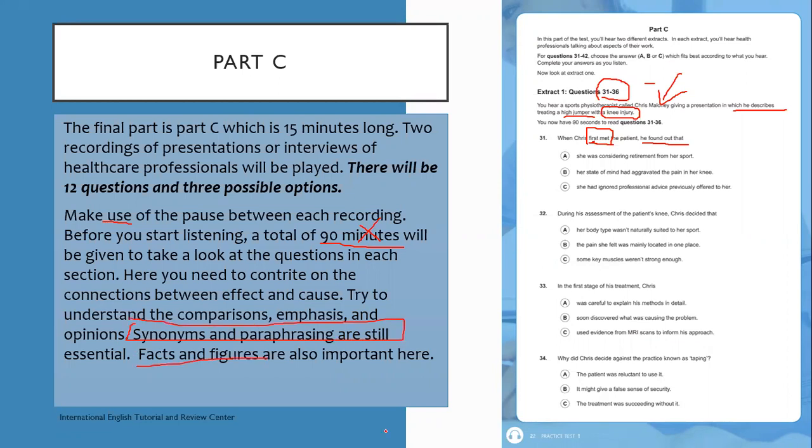Facts and figures, because sometimes the speaker would talk about statistics. For example, it says 6 out of 10, or 90% of the population had yellow fever. So that talks about figures.